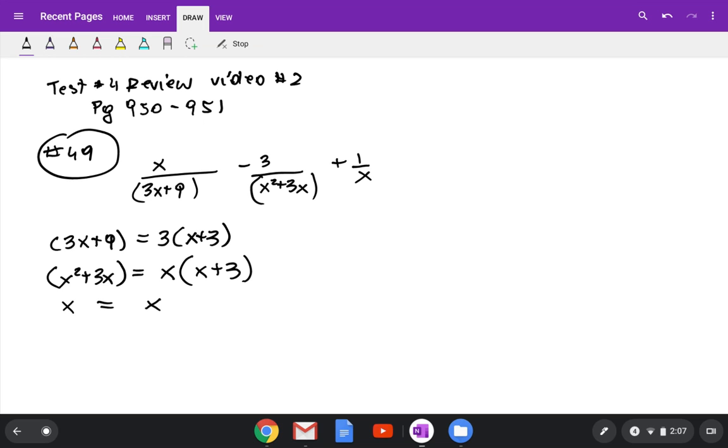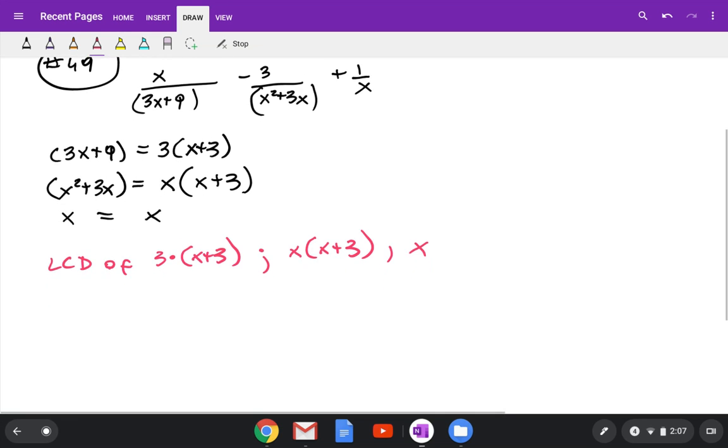Okay. So next, when you factor each denominator, you're going to find the LCD. So 3x plus 9 is the same as 3 times x plus 3. x squared plus 3x is the same as x times x plus 3. And of course, x. So LCD equals, you take the 3, so we're taking each factor.